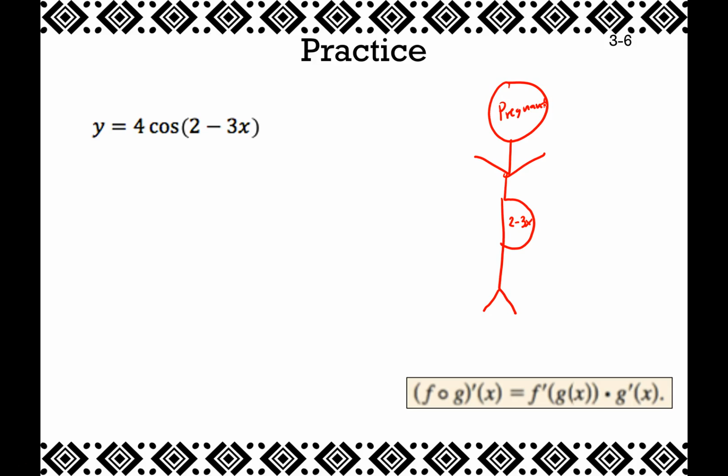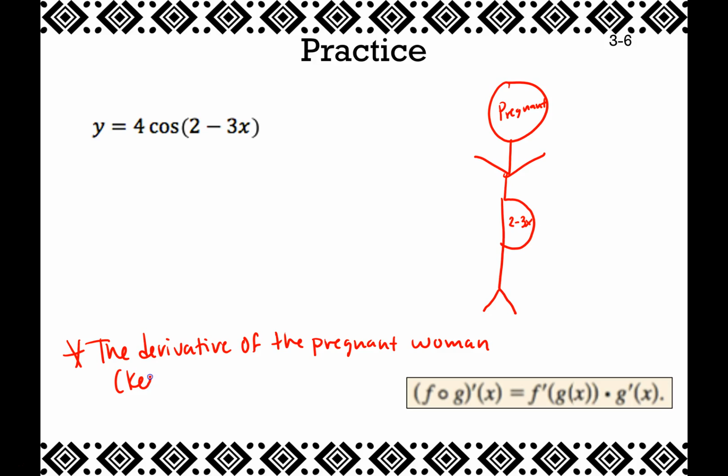So you can think about the chain rule as the following. The derivative of the pregnant woman, and then keep the baby inside of her, times the derivative of the baby.